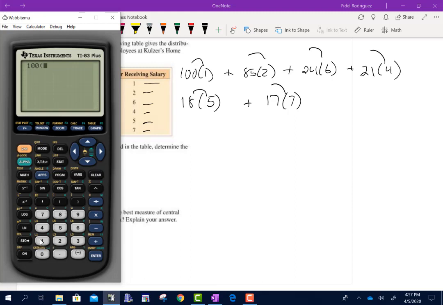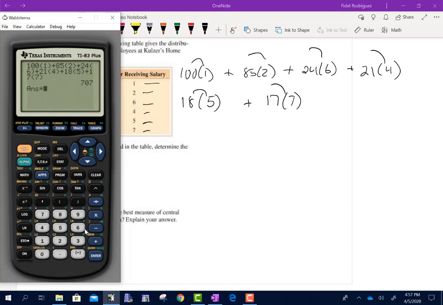So 100 times 1, okay, plus 85 times 2, okay, plus 24 times 6, okay, plus 21 times 4, okay, plus 18 times 5, there we go, okay, plus one more, 17 times 7, okay, and hit enter.